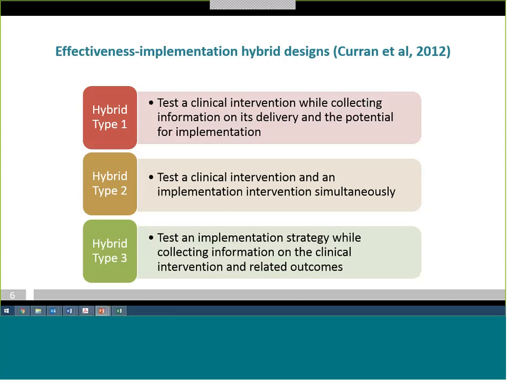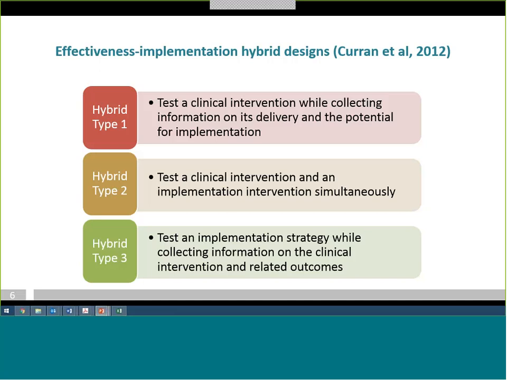And depending on the resources the team has, you may have either the clinical intervention or the implementation intervention properly powered in the study, and you also have a very clearly defined primary outcome for evaluating the clinical component as well as the health services component of the intervention.